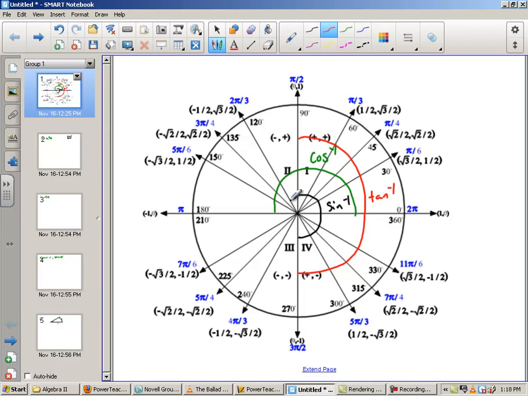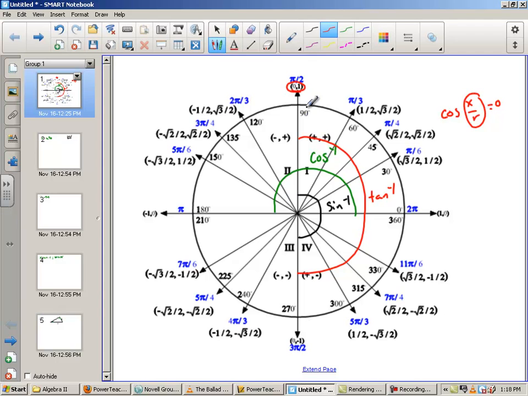Cosine, remember, is x over r. I'm going to look somewhere where this would be equal to 0, because for cosine of theta, I want to know what theta gives me 0. Well, that means I'm looking for places where x is 0, and that happens right here. I see that x is 0 right there.